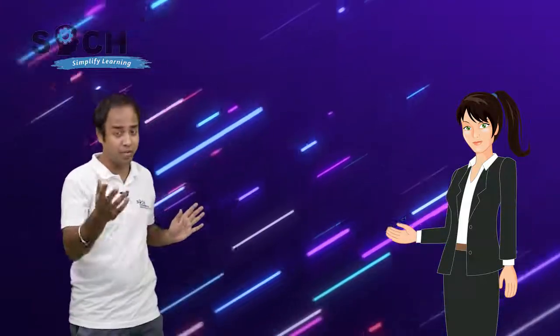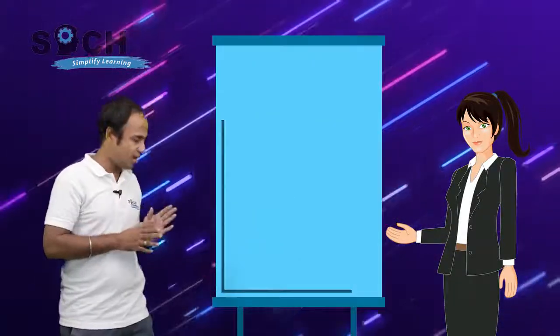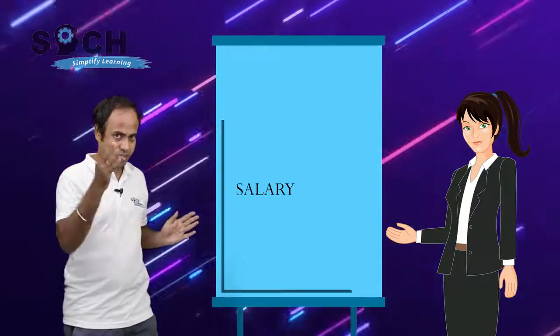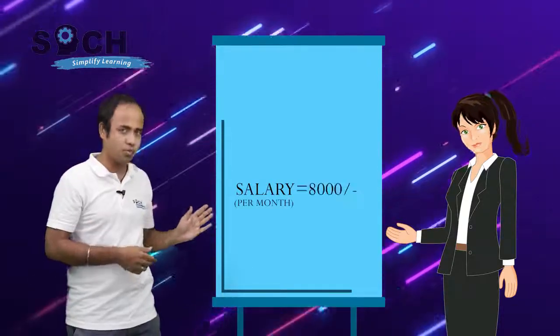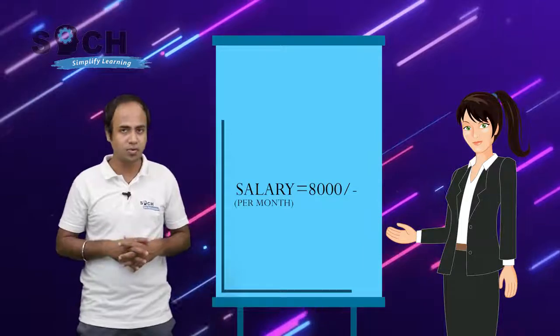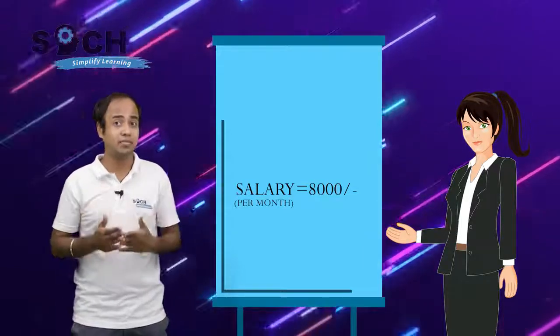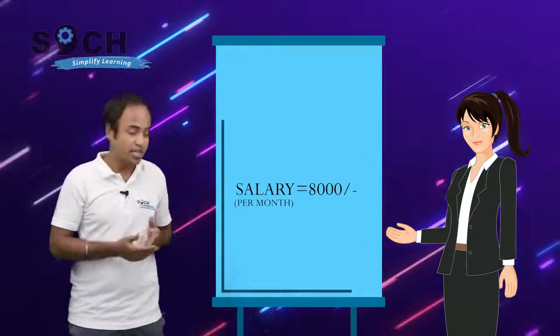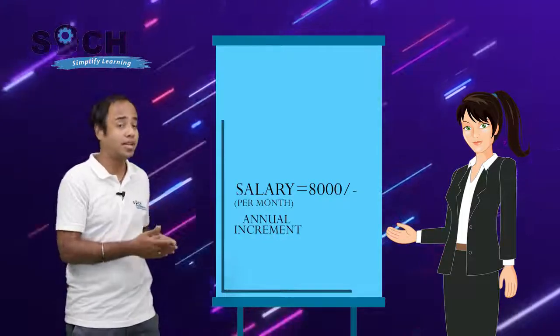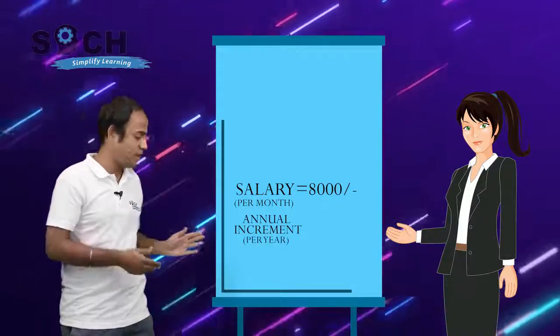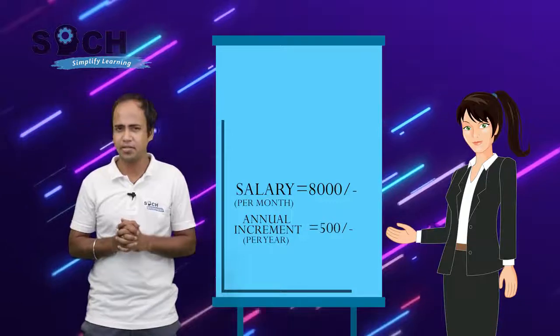Now she applied for a job, got an interview, got through the interview and got selected. And the company decided her salary, that is payment per month, will be rupees 8,000 per month. And at the same time, depending upon her performance, the annual increment, what does that mean? The increment per year will be rupees 500 per month, right?